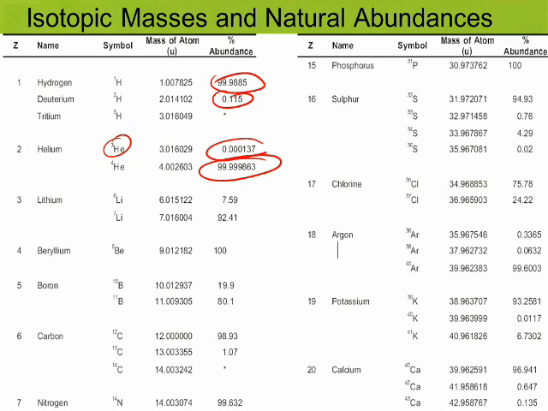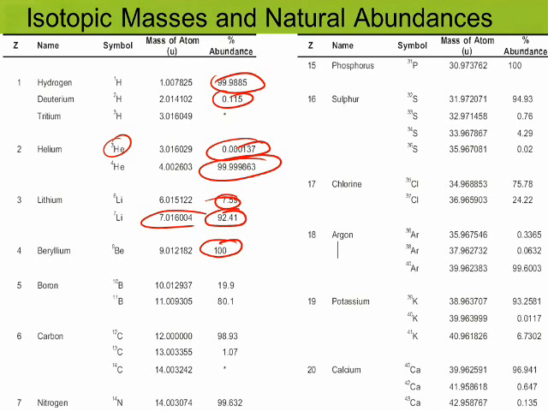But because there's just a little bit of helium-3, that throws off the atomic mass of helium to have a decimal point. Back up to lithium, 92% have a mass of 7, 7.8%, or about 8%, will have a mass of 6.